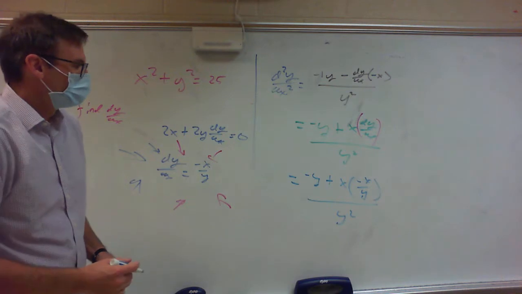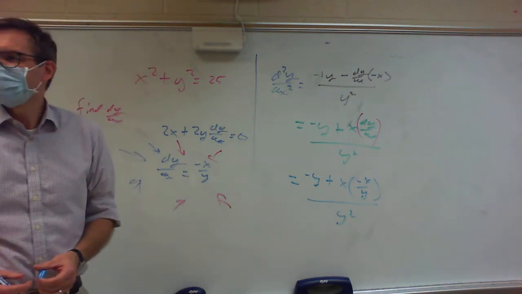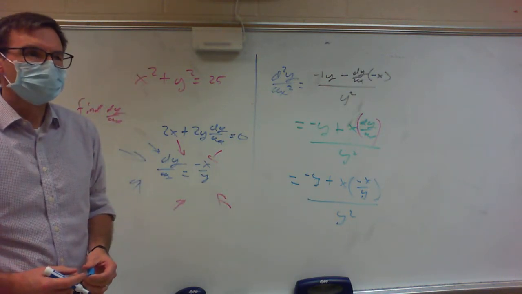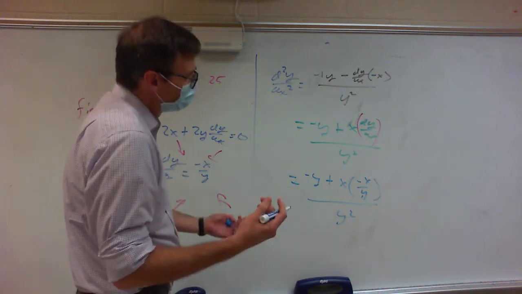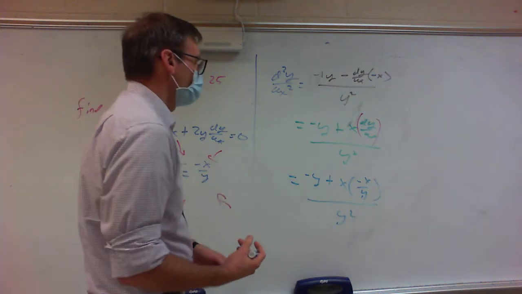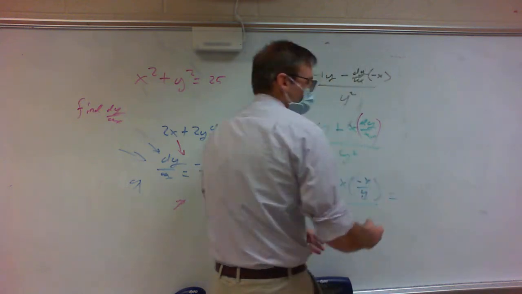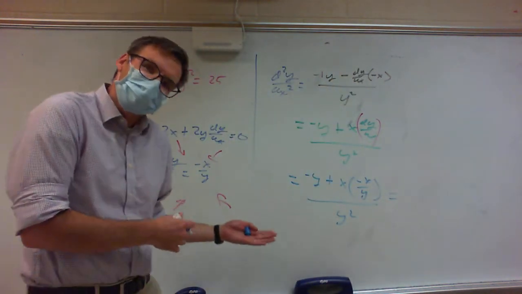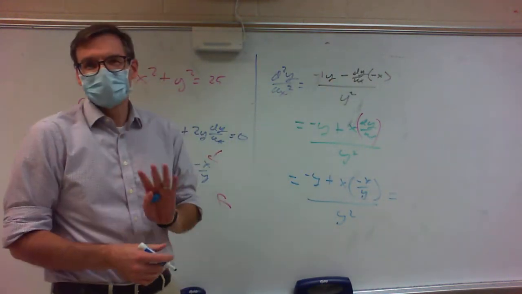Of course, now I have to clean it up. So how does that clean up? It's not terrible. I'm going to hear some moaning, and I think most of you are going to moan at the next couple of steps. Some people are going to say, "Well, that's kind of neat."